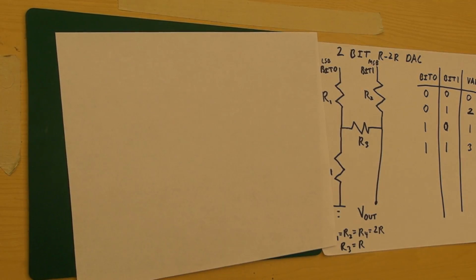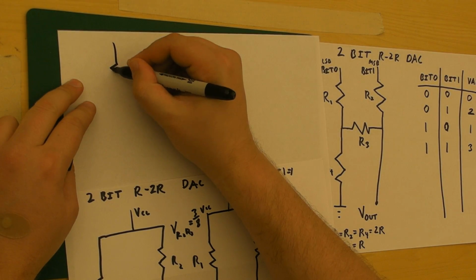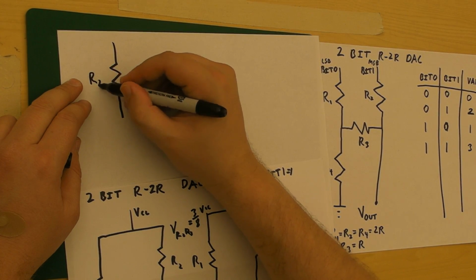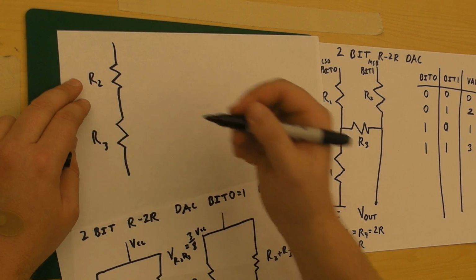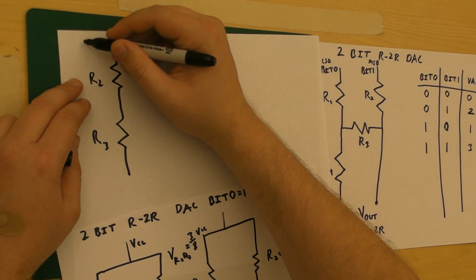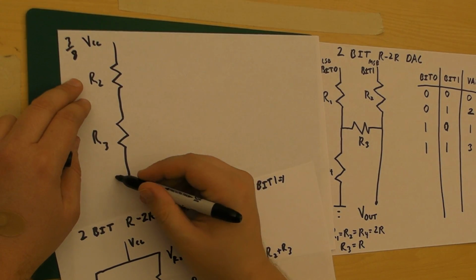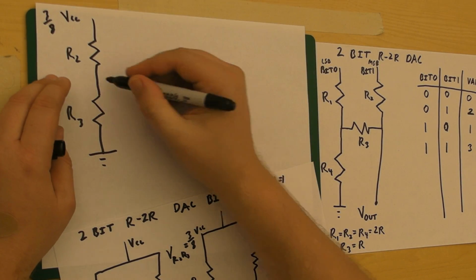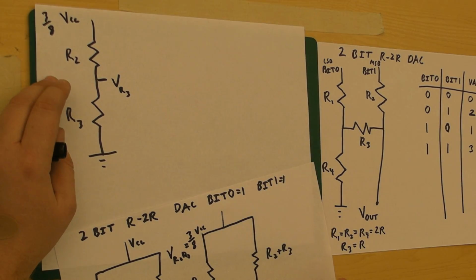So basically, what we have is now a voltage divider for just this side of the circuit. Here's R2. Here's R3. We know that we're getting a drop of 3/8 VCC here. We're going to put this to ground because we're just looking at the drop. We want to calculate what the voltage drop just over R3 is.